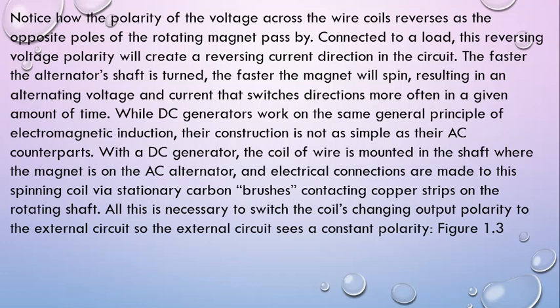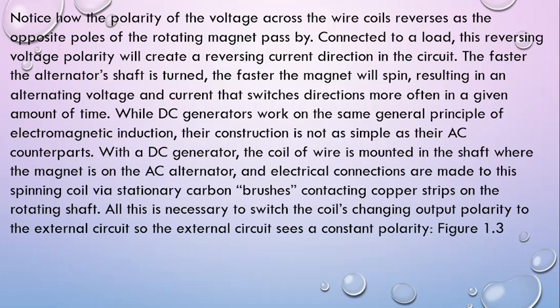While DC generators work on the same general principle of electromagnetic induction, their construction is not as simple as their AC counterparts. With a DC generator, the coil of wire is mounted on a shaft where the magnet is on the AC alternator, and electrical connections are made to this spinning coil via stationary carbon brushes contacting copper strips on the rotating shaft.